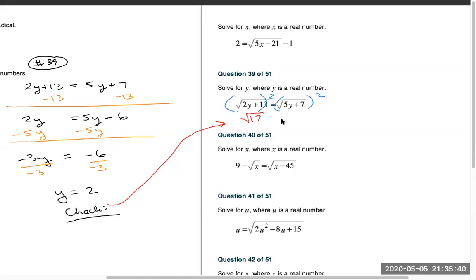If you take the square root of 5 times 2 plus 7, it's root 17. So this one does check out.